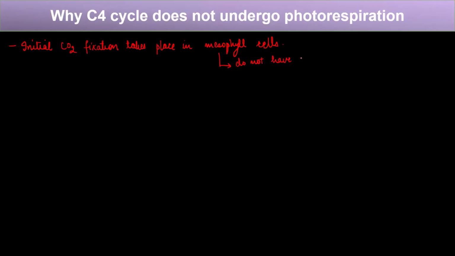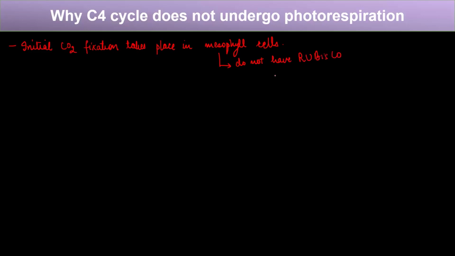So the first reason is that the initial CO2 fixation takes place in mesophyll cells, and these mesophyll cells in C4 plants do not have rubisco.